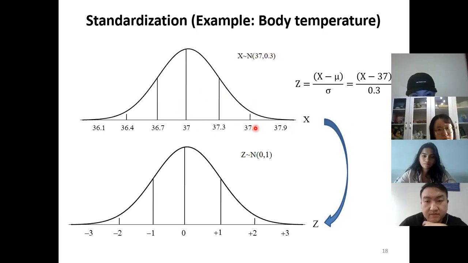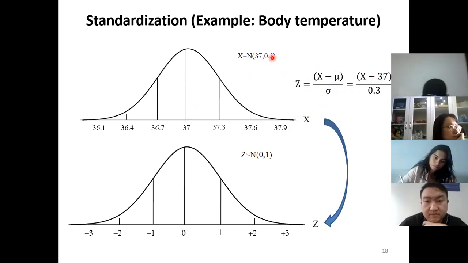All this came from where? Came from statistics. We convert to a standard normal distribution. Use this formula. Remember, the mean is 37. That's the standard deviation.